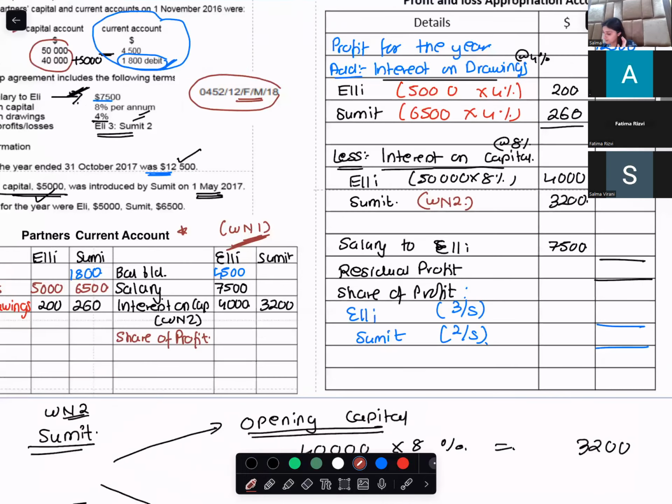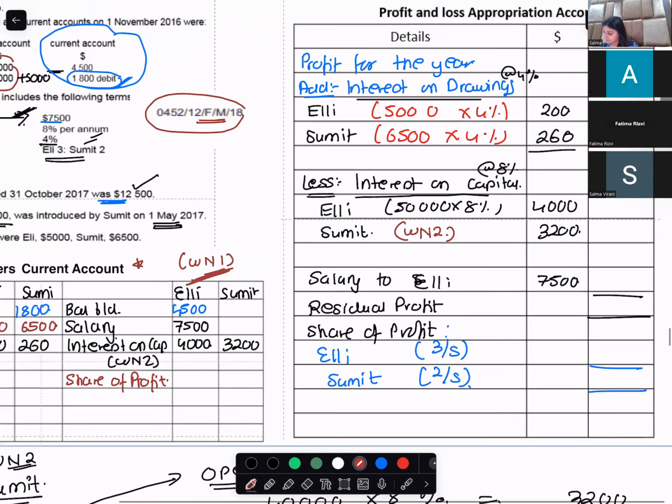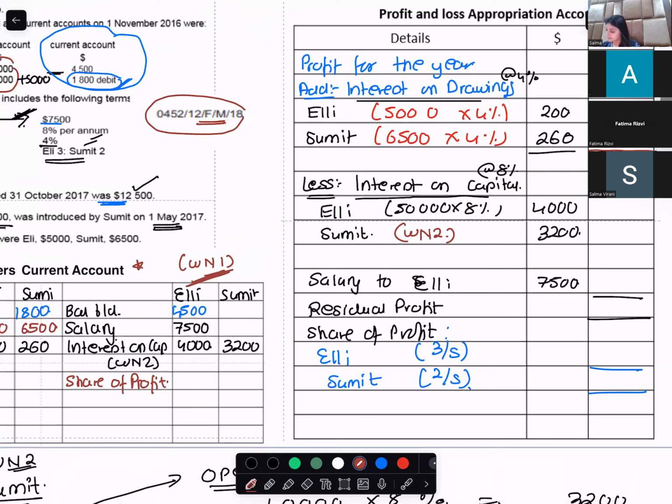So first we'll close the appropriation account. So 12,500 plus 460. I'm getting 12,960. And all these three will be subtracted.